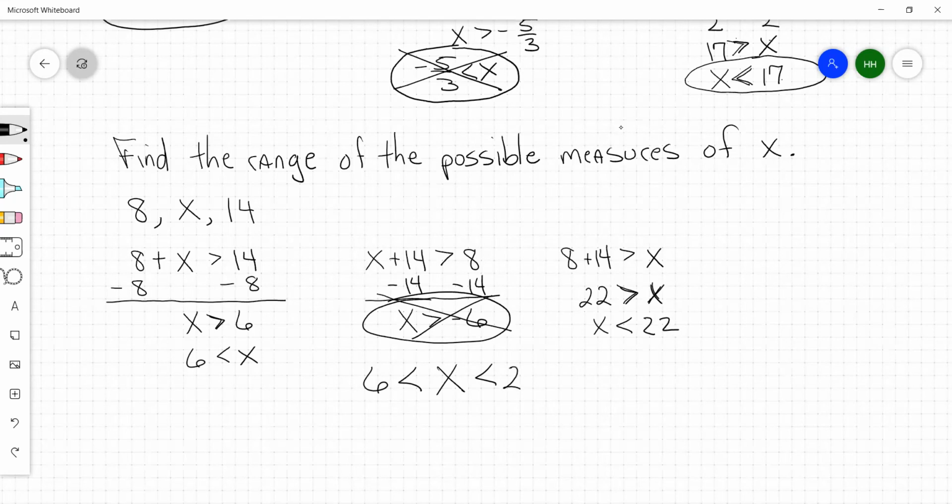So 22 is the top of our range. So there's our range of values. Everybody okay with that?